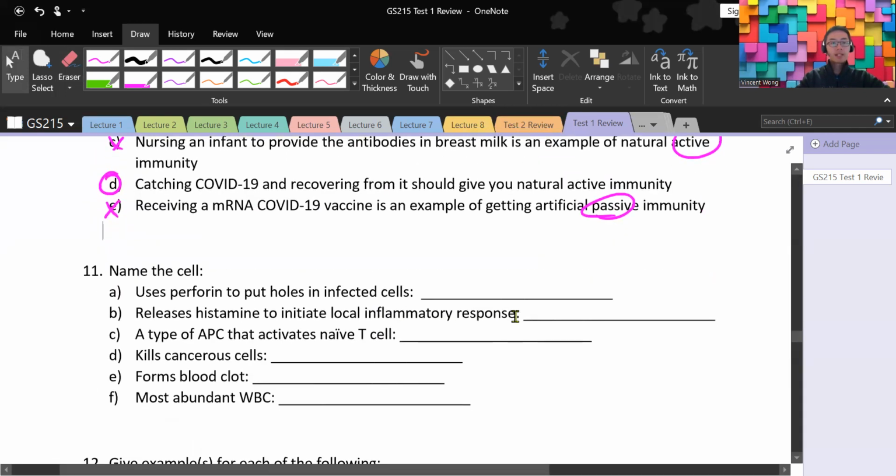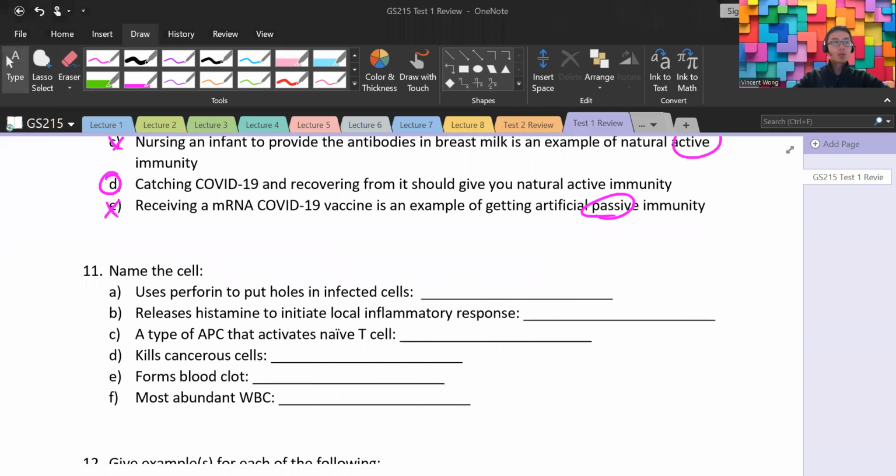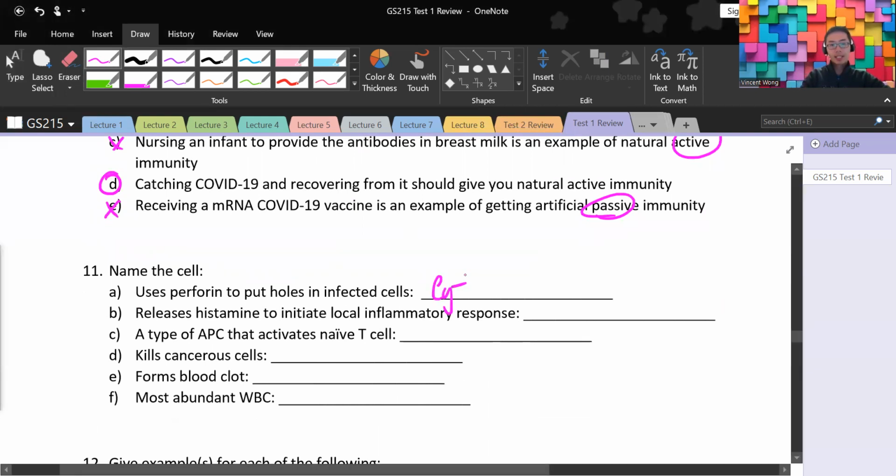Okay. Name the cell. Uses perforin to put holes in infected cells. That would be cytotoxic T cell, also known as killer T cell, right?